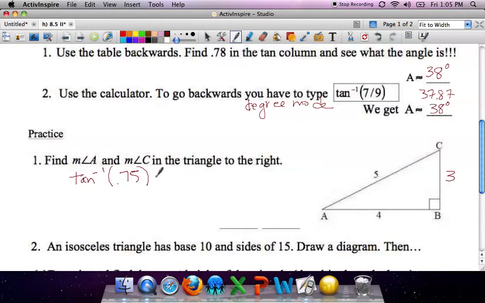Doing that on the calculator, you get approximately 37 degrees. Again, the other way you could do it is to look up 0.75 in the table, down the tan column, and find the angle closest to 0.75.